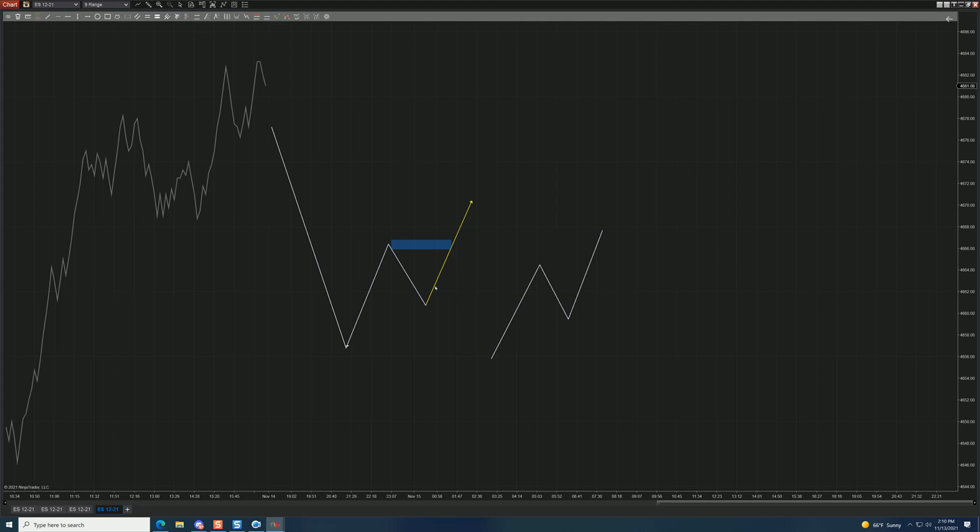Once I put in this pivot and start to move higher, now I've got a higher low. I break this pivot, now I've got a higher high. So I have a micro trend established here. Ideally, it would carry on, and we'd get another higher low, and then another higher high.